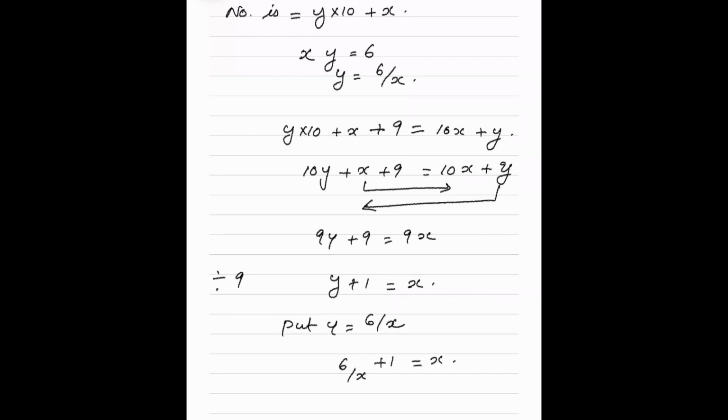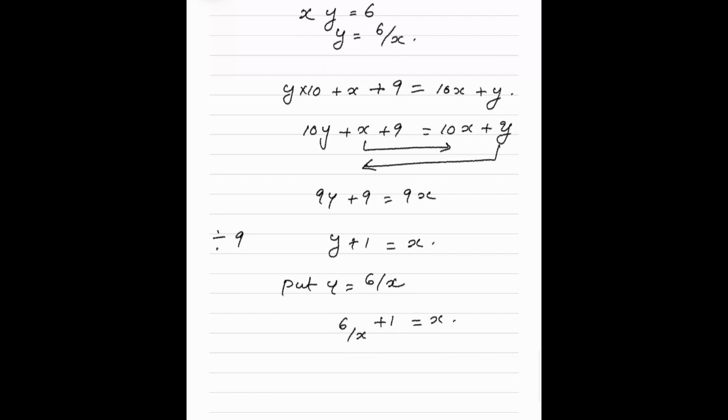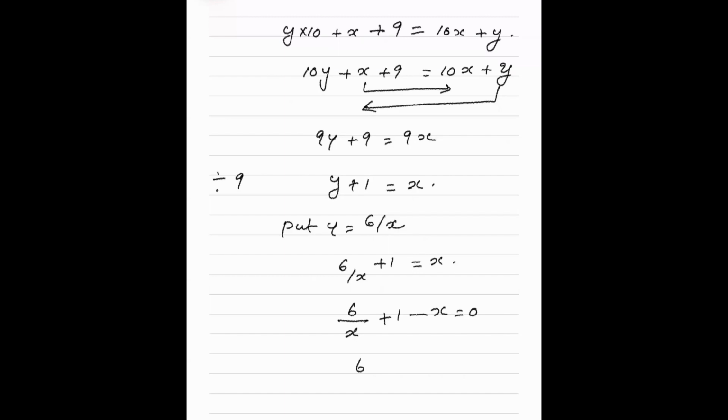I can actually bring that x to this side. That will be better. So I will write it as 6 by x plus 1 minus x equal to 0, which will be 6 plus x minus x square equal to 0.